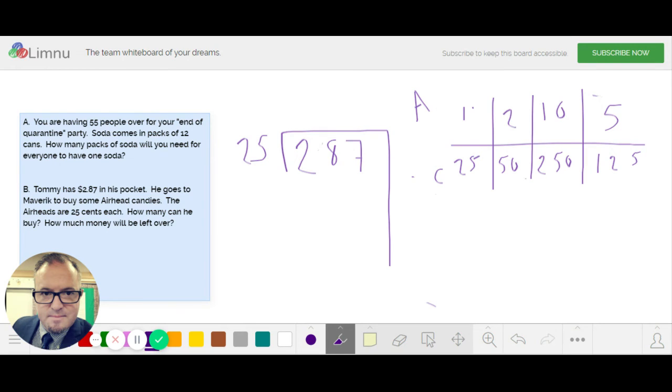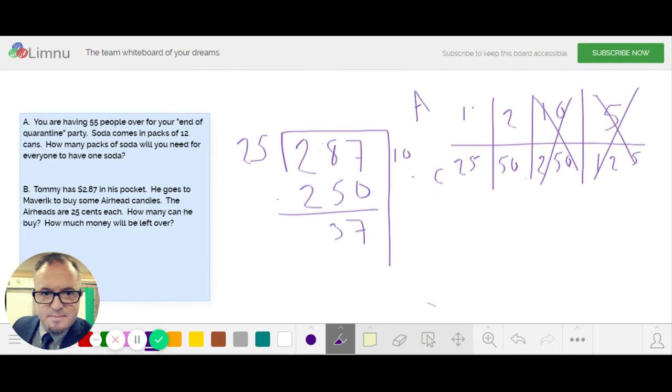Okay, let's take a look at what we have on our ratio table. Which group would be closest to 287 without going over? If you said 10 groups, good for you. He is going to be able to buy a good amount of Airheads here. If he buys 10 Airheads, we're going to subtract 250, which is going to leave us with 37. So this is now too big.